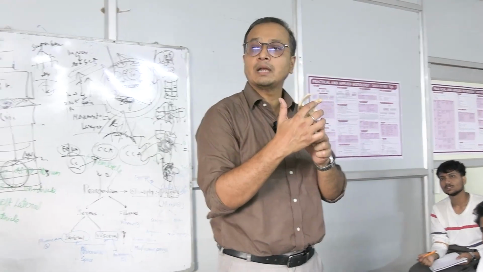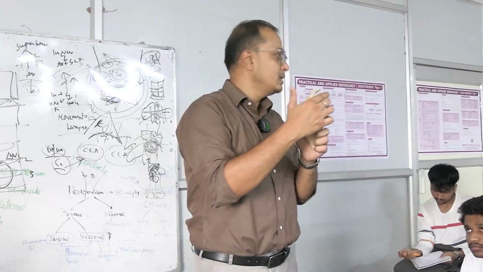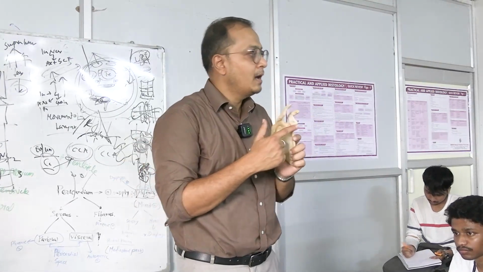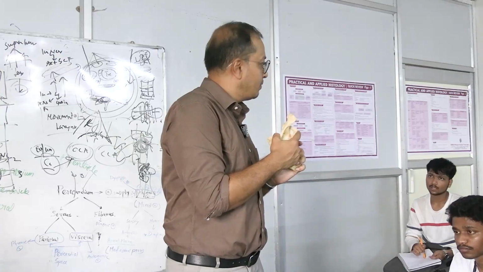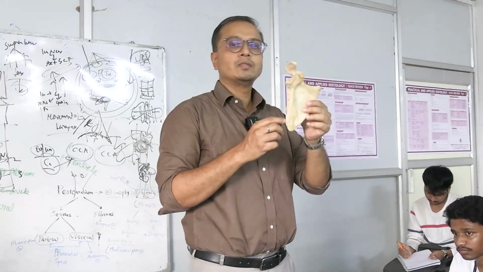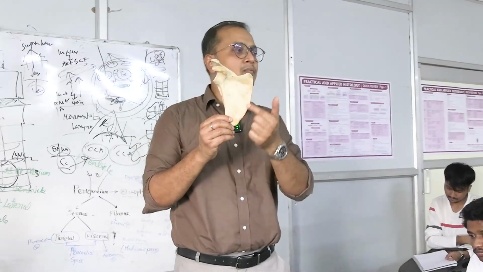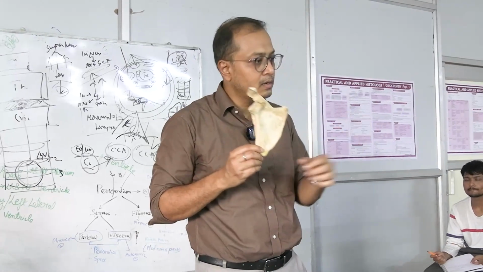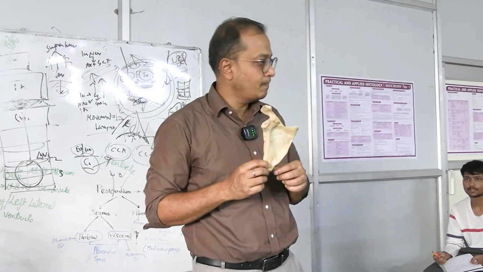Long head of biceps is attached here, short head is attached here. So two muscle heads are attached here, and below here we have the long head of triceps. And on this vertebral border, anteriorly, serratus anterior, the punching muscle.